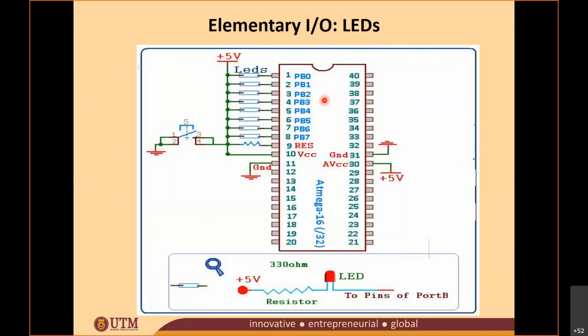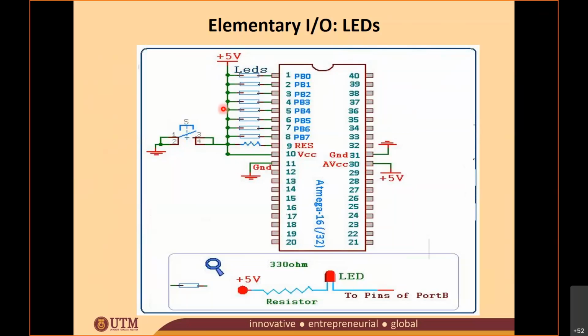Let's say you are going to connect your LED to port B. Since port B has 8 bits, or 8 pins, all the LEDs for port B are connected to a common source, either positive VCC or negative ground.